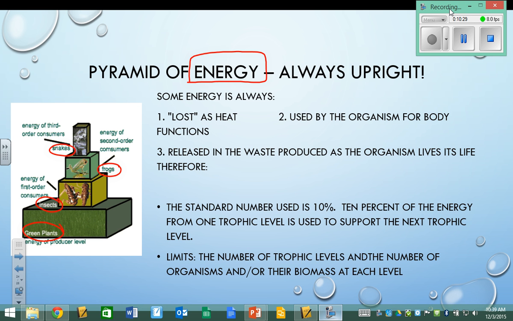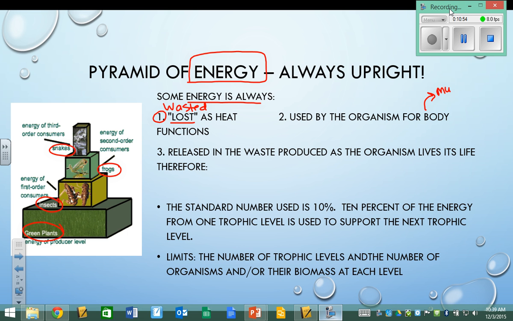So what happens to the energy? It can be "lost," in quotations, because remember, it's not really gone. We could use the word wasted, that would be better, as heat. It's used by the organism for its body functions. So we made a huge list a few lessons ago, but these are anything that keeps you alive.